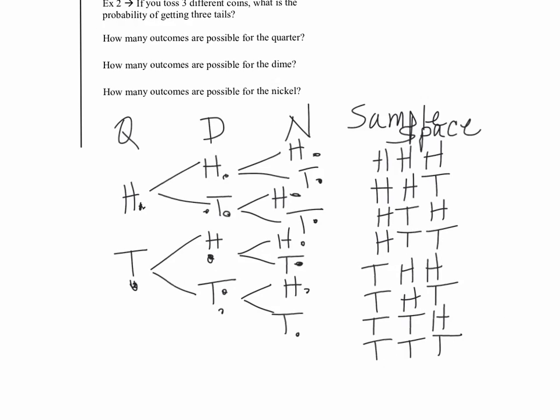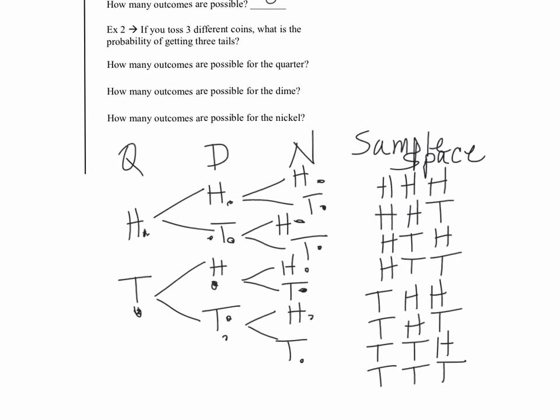Just to refer back to the questions there at the top, how many outcomes are possible on a quarter? That is correct, 2. How many outcomes are possible for the dime? That is correct, 2. So obviously, how many outcomes are possible for the nickel? 2.